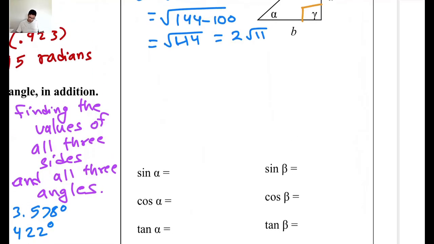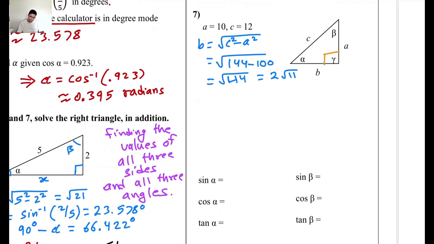Okay. Now let's do that and then we will solve the triangle. Sine alpha will be A over C, and that's 10 over 12, 5 over 6. Sine beta will be B over C, or beta, B is the opposite one.